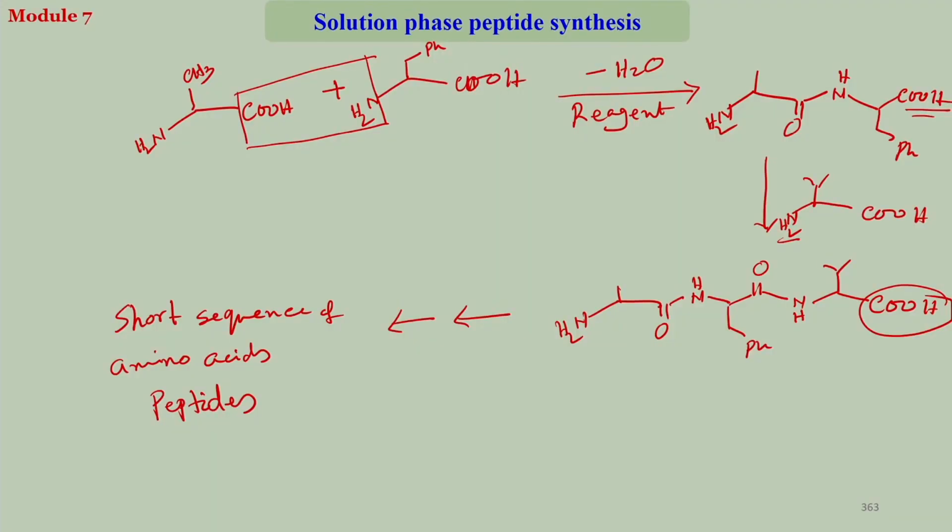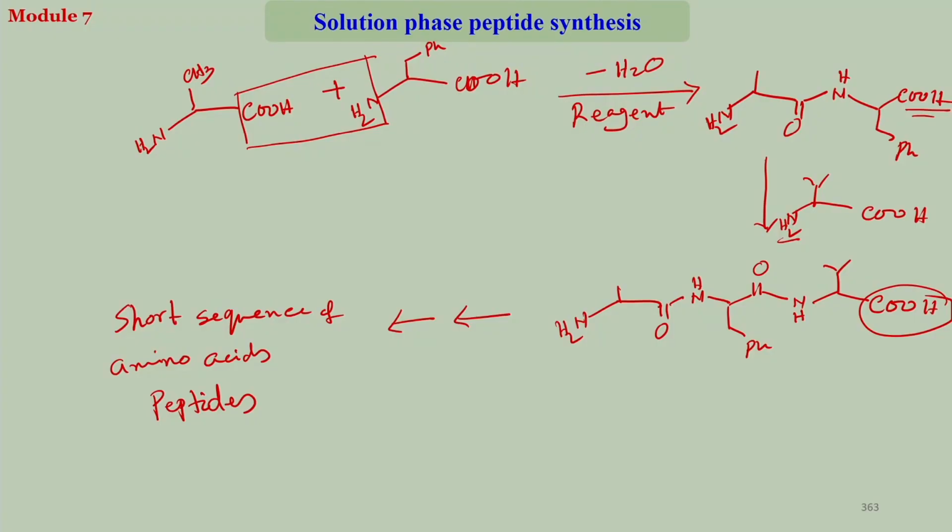I will tell you later that most of those long chain syntheses we usually do in solid phase, which is called solid phase peptide synthesis. I will come to that later. So this is a rough scheme of how to synthesize peptides in the laboratory.